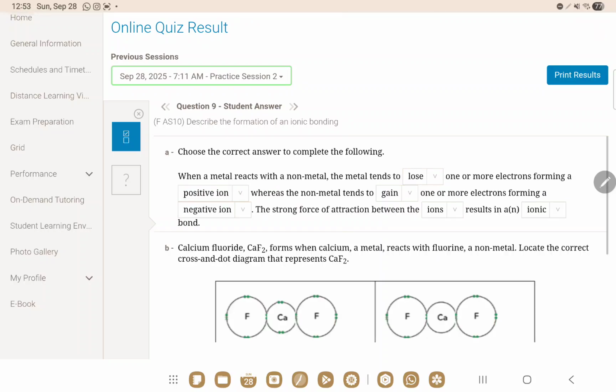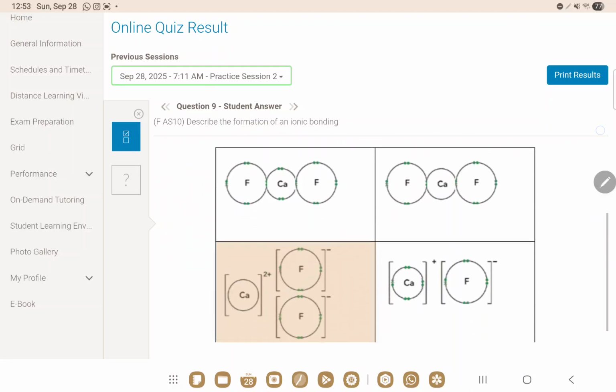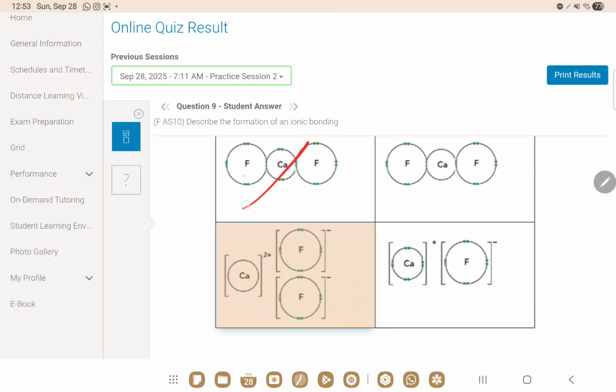When a metal reacts with a non-metal, the metal loses electrons and becomes a positive ion because it has fewer electrons than protons. The non-metal takes the electrons, so it has more electrons than protons, making it a negative ion. The strong force between the ions forms an ionic bond. Ionic bonds are not drawn like this, they're drawn like this.